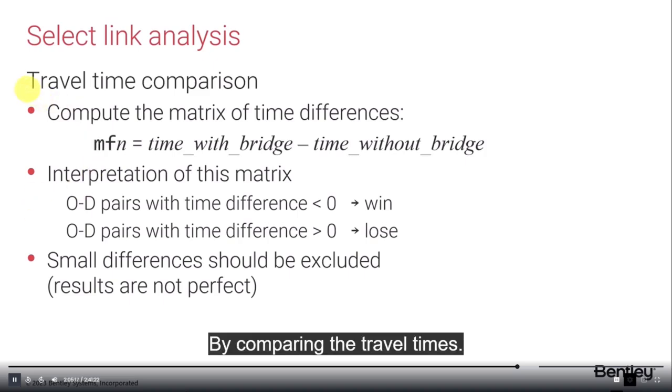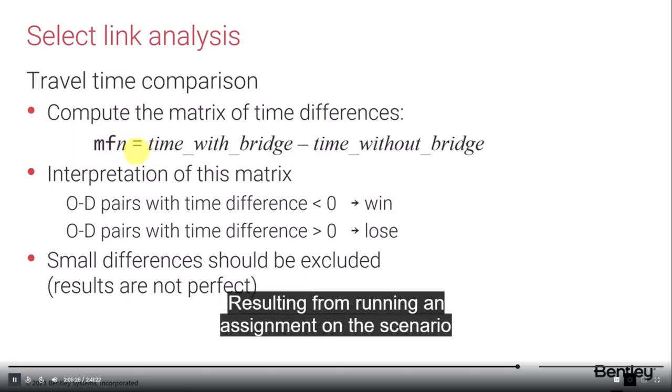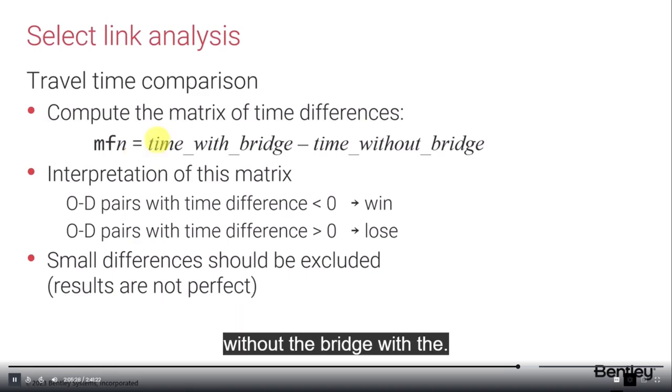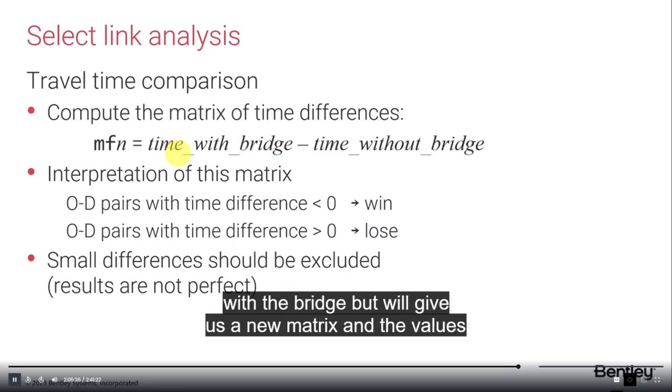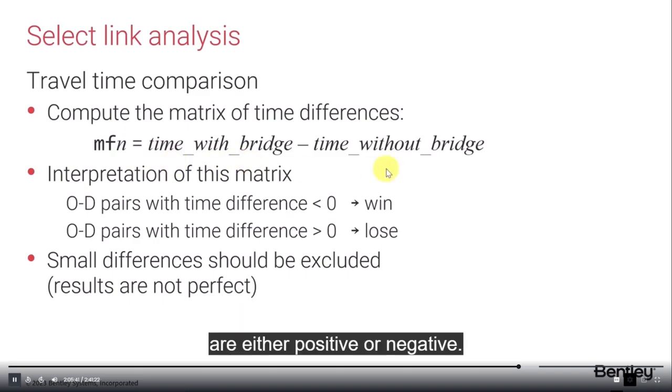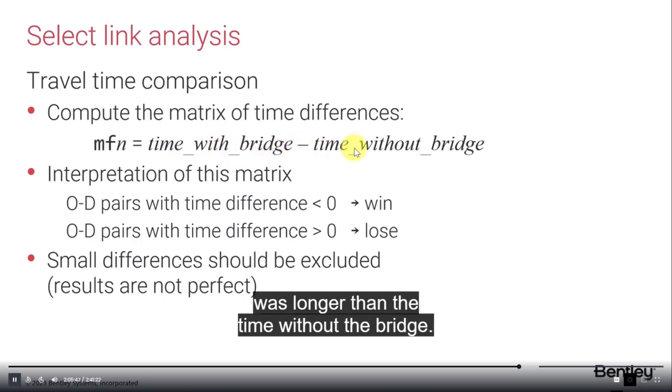By comparing the travel times, so by basically computing the difference between the matrix containing the time resulting from running an assignment on the scenario without the bridge, so the difference with the time from the scenario with the bridge, that will give us a new matrix, and the values are either positive or negative. So if it's positive, it means that the time with the bridge was longer than the time without the bridge.